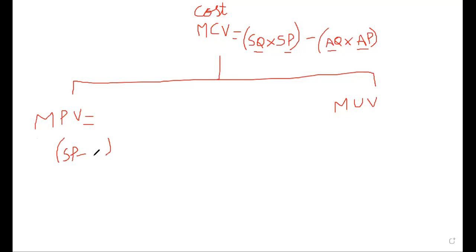How much standard price did they decide, and what is the actual price? Is the variance on account of the price? The difference between standard price and actual price applicable for the total actual quantity. So that's how material price variance is calculated.